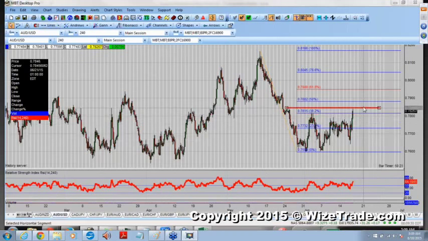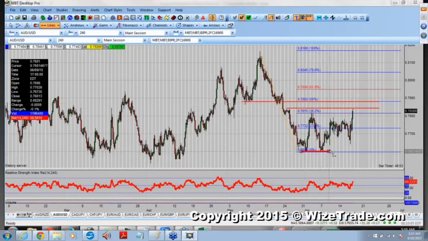But if we can break those highs, this is a very big congestion area too. You can see that huge congestion area. So to me, between these two red lines looked like a pretty decent sell zone, but I would give it all the way up to 78.90.